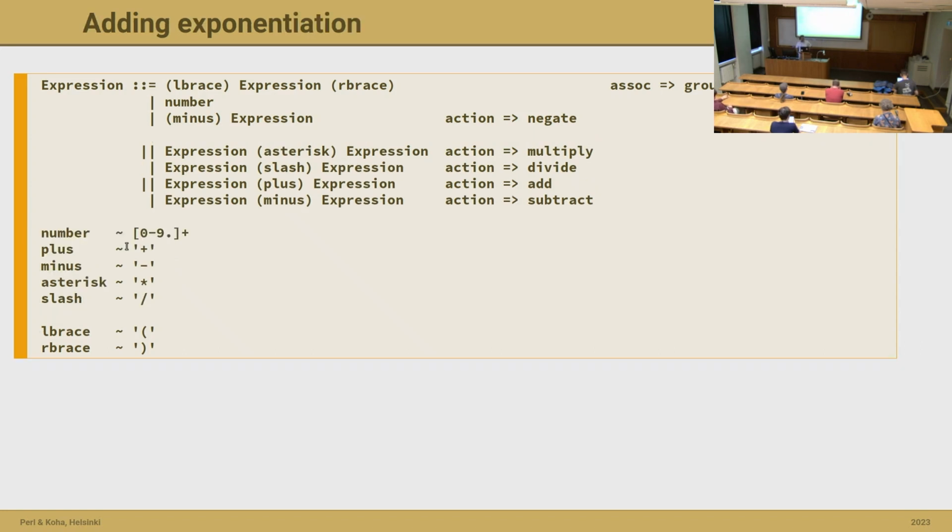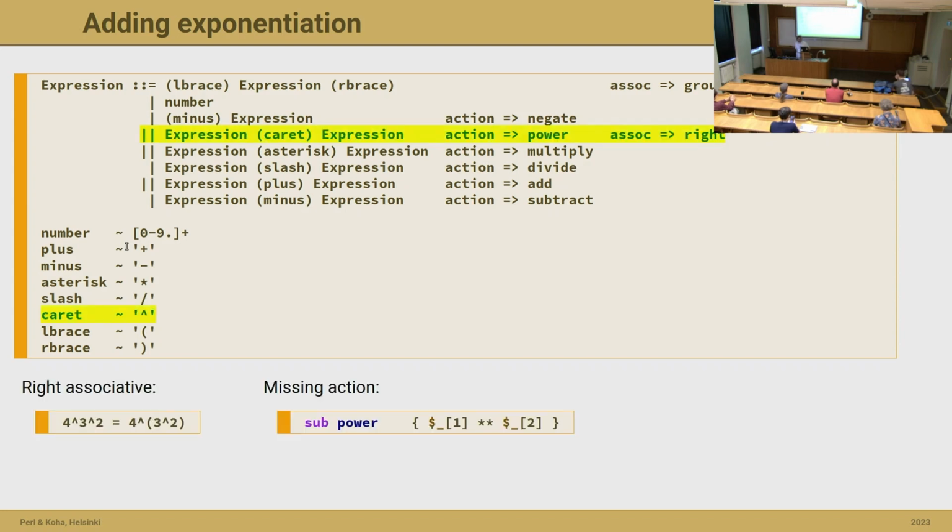And it makes it much easier to add further operations. For example, if we want to add exponentiation, I added just two empty lines, and we'll fill them with this simple thing. So we now have exponentiation.